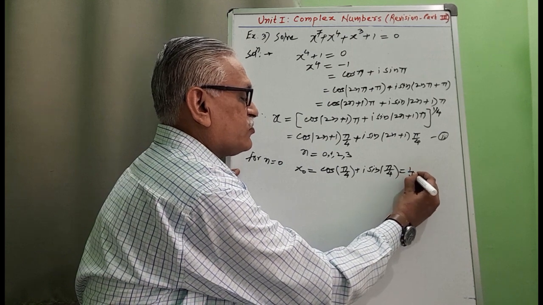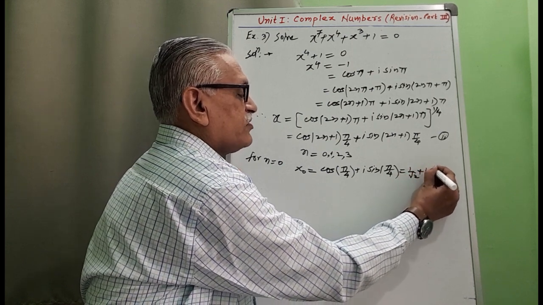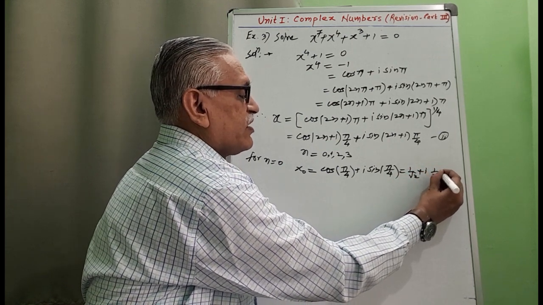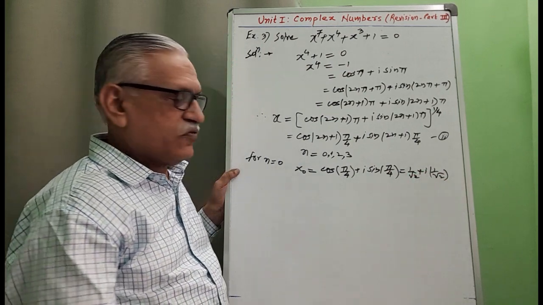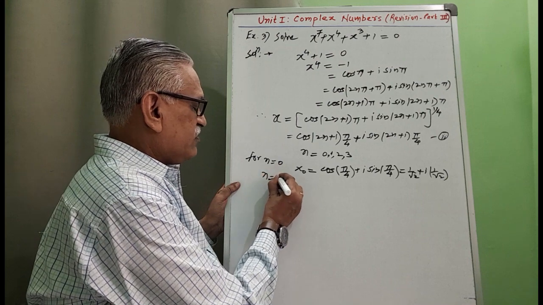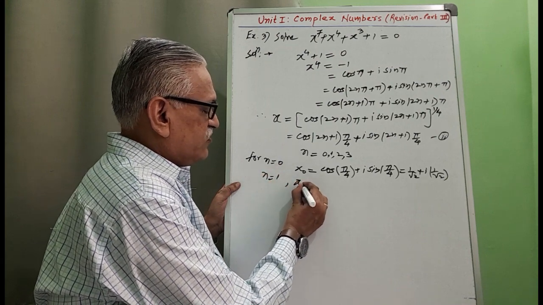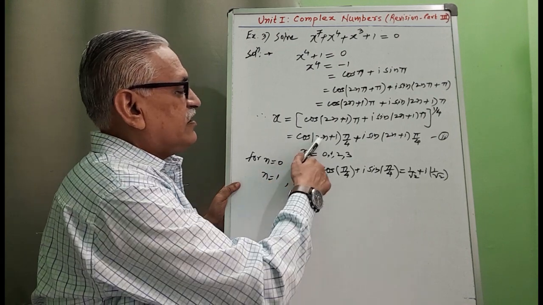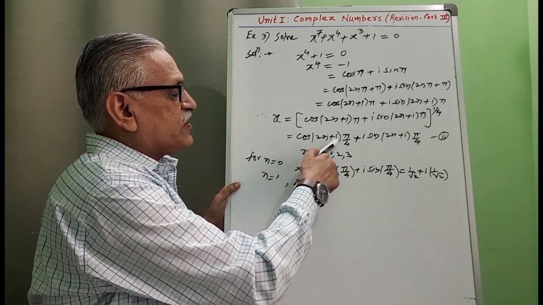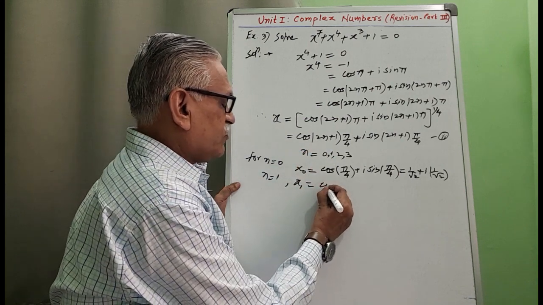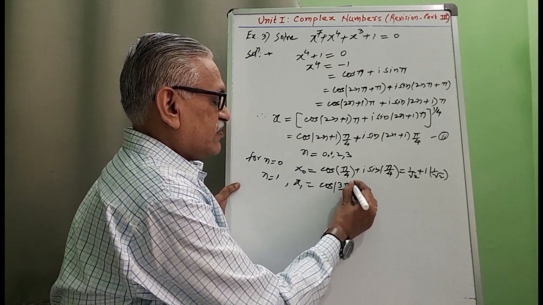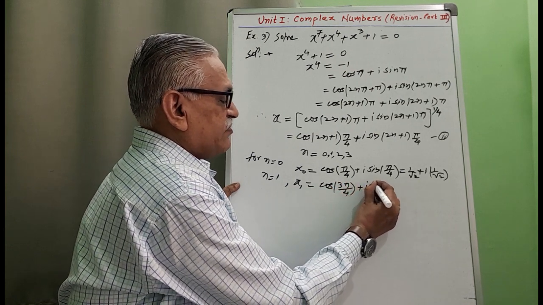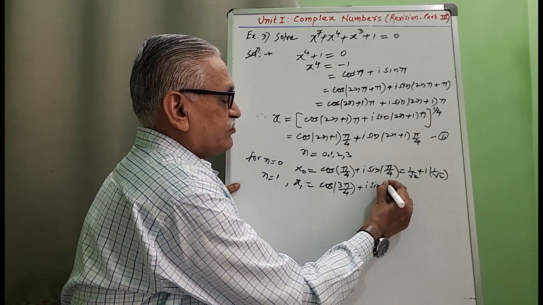Therefore, it is 1 by root 2 plus i times 1 by root 2. That is first value. Then for n equal to 1, we get next value x1 as 2 into 1, 2 plus 1. Therefore, it is cos of 3π by 4 plus i times sine of 3π by 4.